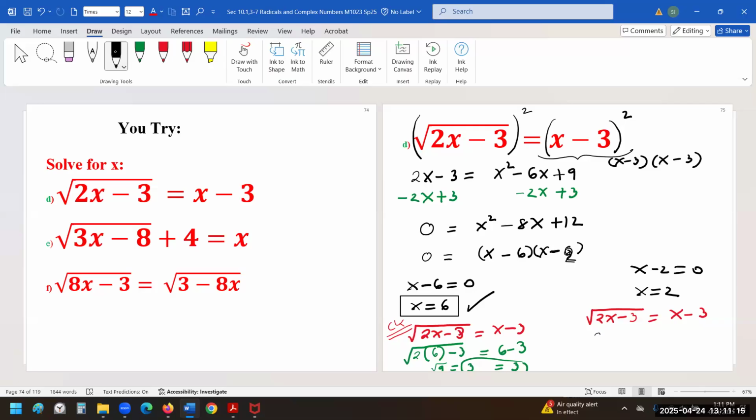And how about the next one? 2 times 2 minus 3. So we have 4 minus 3, which is square root of 1. And this side gives us negative 1. Are they the same?